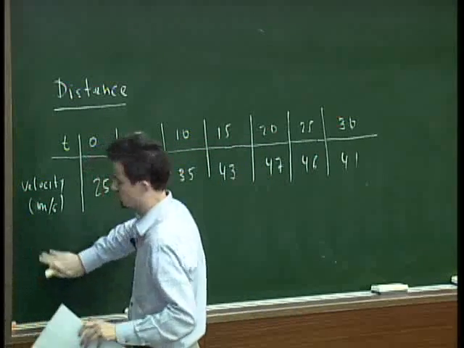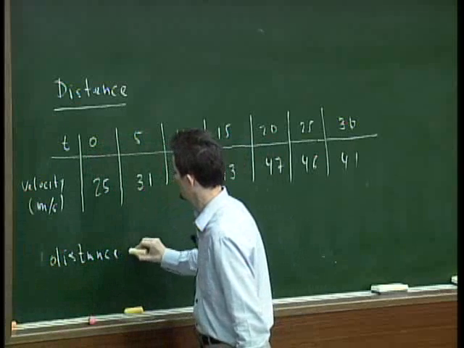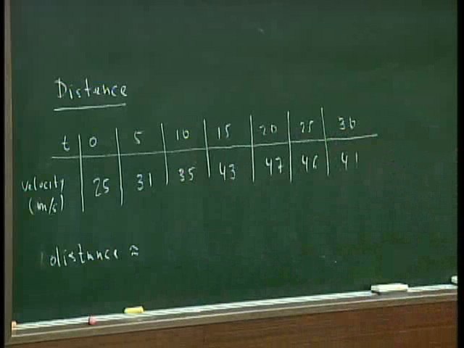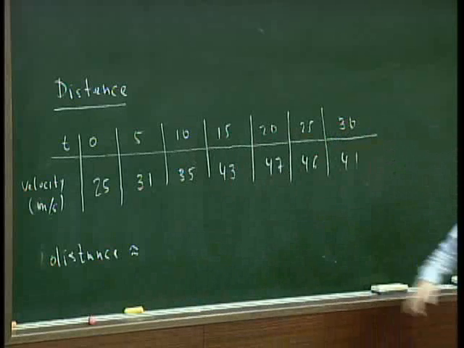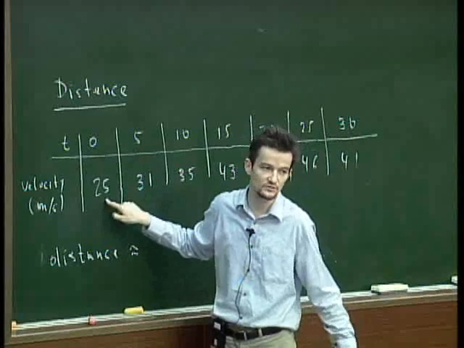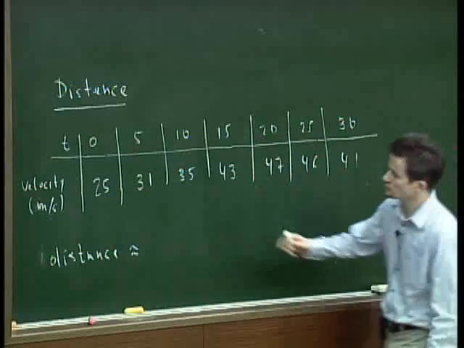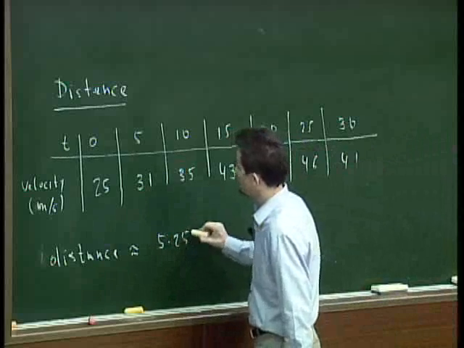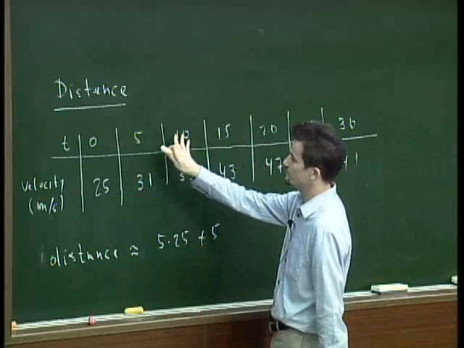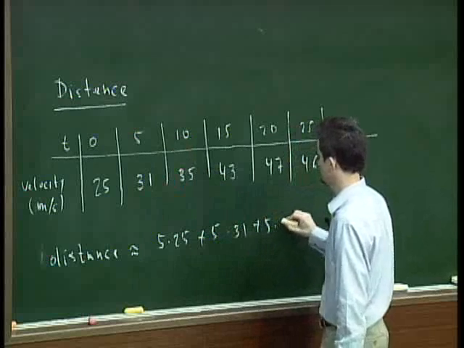Now, you can easily approximate the distance. By assuming that, for instance, over this 5-second time period, the velocity was constant, which is of course not true, but just in order to approximate the distance. So what you do is you multiply 5 with 25, then over the next 5-second time period, you assume this is the velocity, and you go on like this.